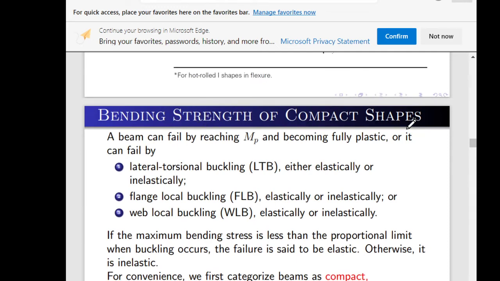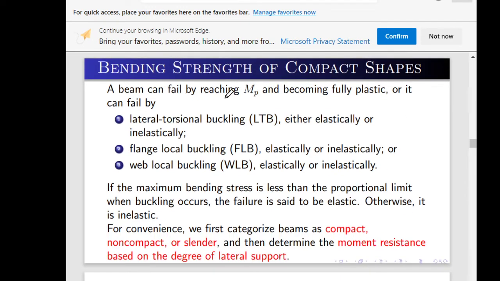Bending strength of compact shapes. A beam can fail by reaching Mp, the plastic moment, and becoming fully plastic, or it can fail by lateral torsional buckling, either elastically or inelastically. It can also fail by flange local buckling, elastically or inelastically, or web local buckling, elastically or inelastically.